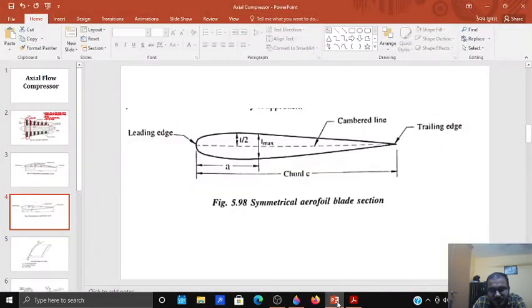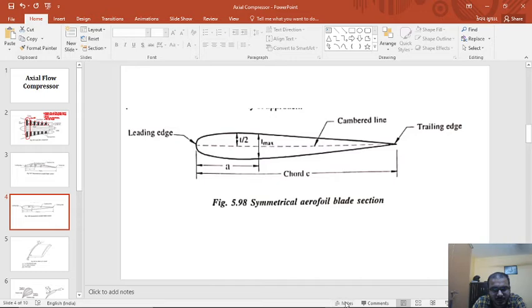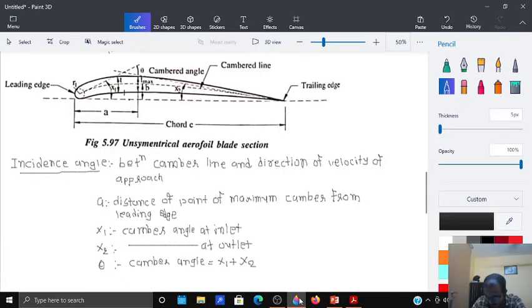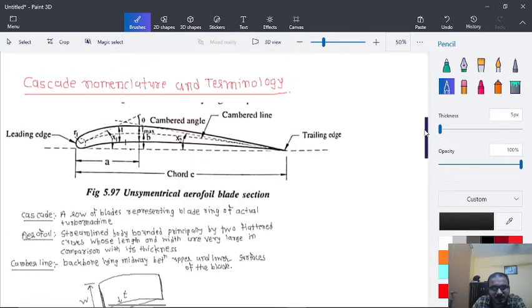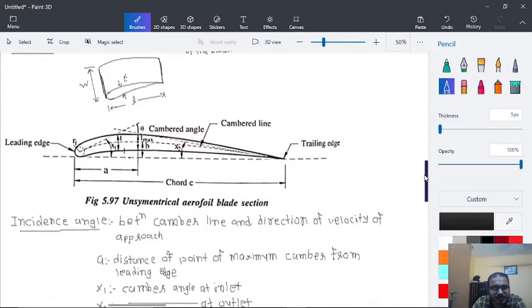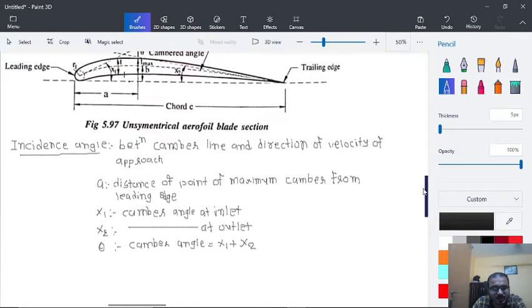So here we will further continue with this nomenclature part of this theory in our next lecture, and we will try to finish this chapter itself in our next lecture.